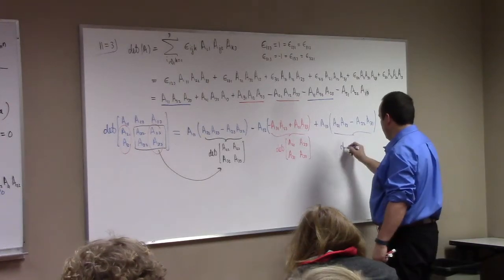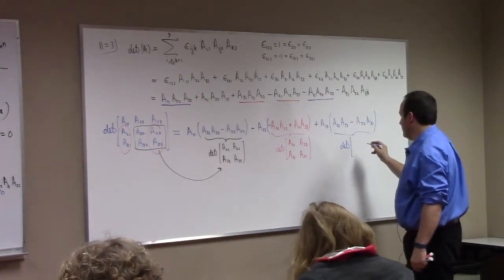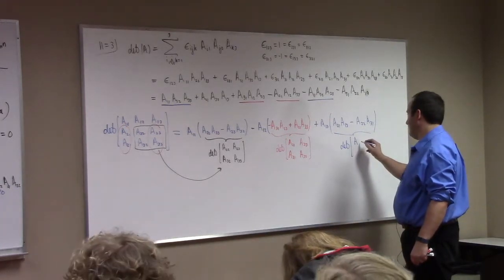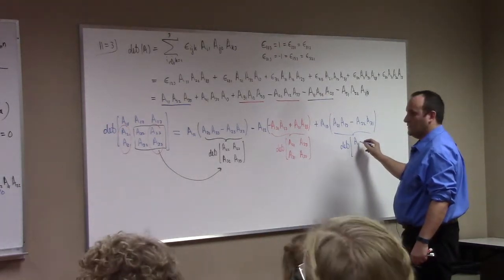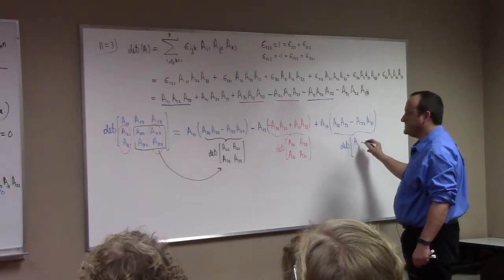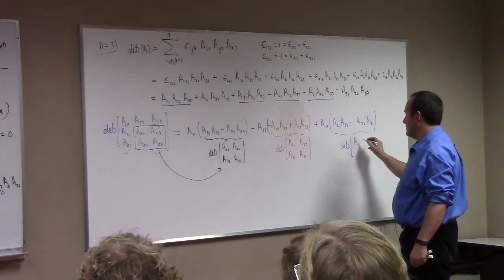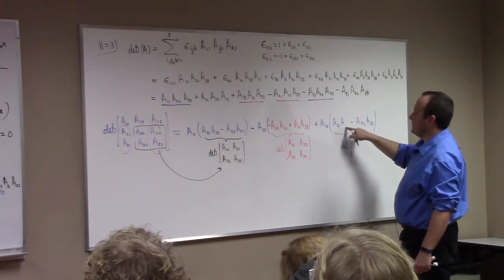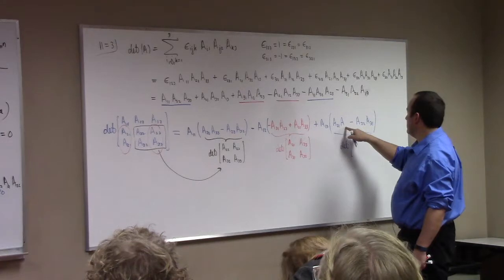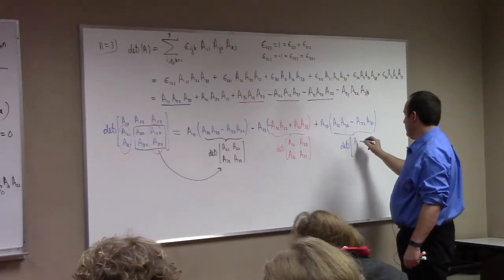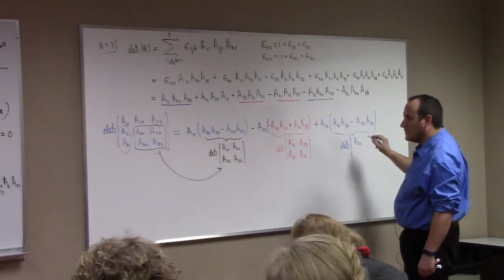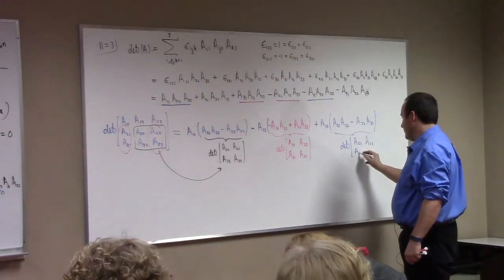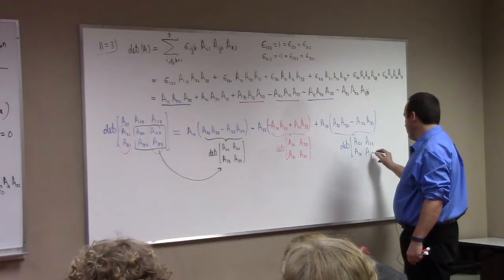This will be the determinant of A, how's it go? Oh yeah, I've messed that up. That's supposed to be what? Say again? Oh, sorry, 3, 2. So A21, A22, A31, A32.